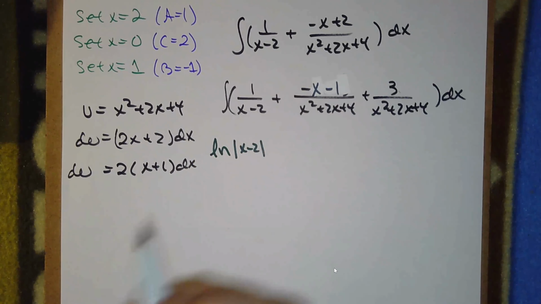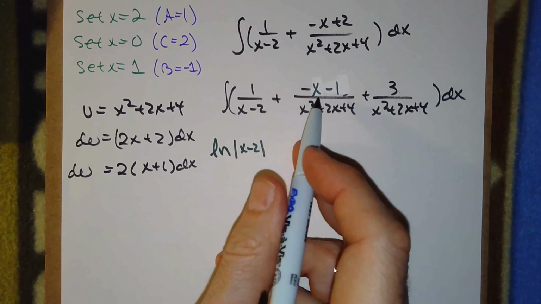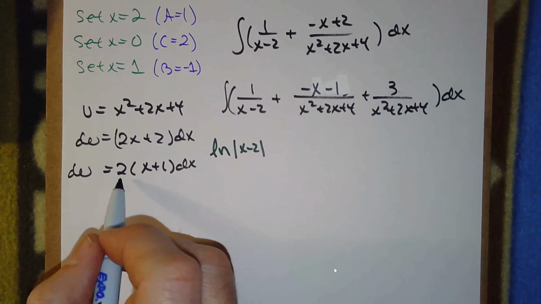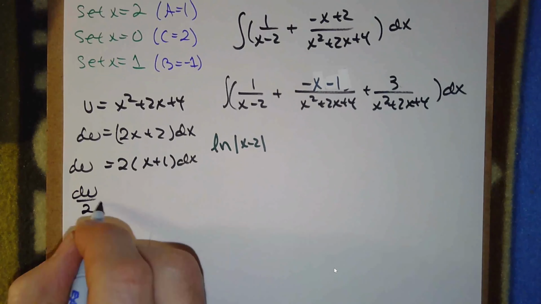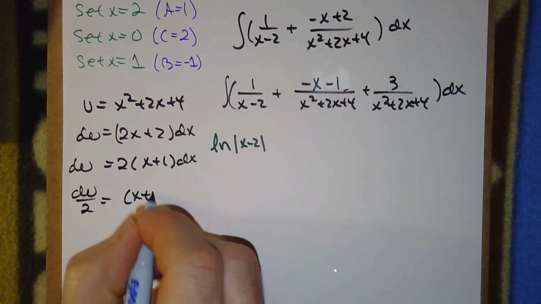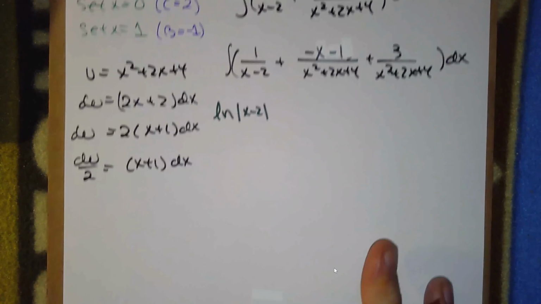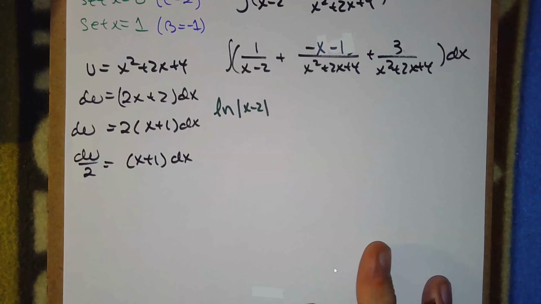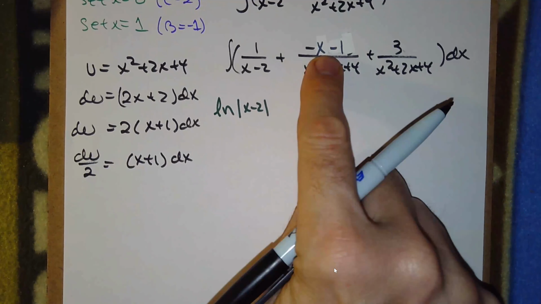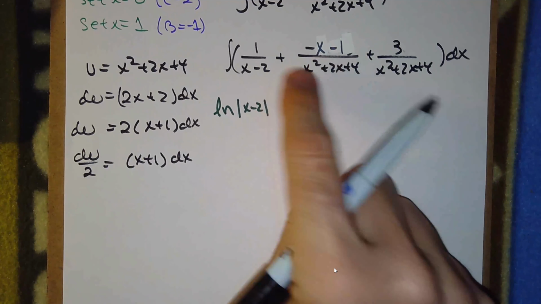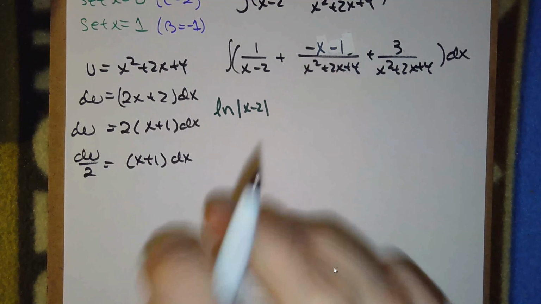So let's see here. If I divide both sides by 2, I get du over 2 equals x plus 1 dx. And that's close to what I have here. If I factored out the negative, I'd be in good shape.